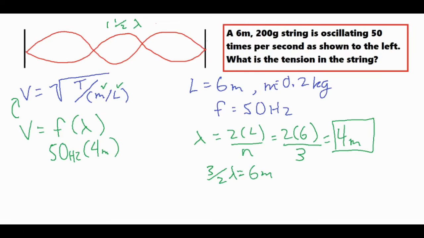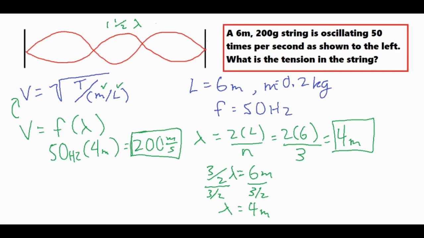And then if you divide both sides by 3/2, then you also get a wavelength of 4 meters. So I like that method of using that conceptual version of this formula, but this formula is probably a little bit more standard. So either way, you'll get a wavelength of 4 meters. So 50 times 4 gives us a nice even velocity of 200 meters per second.